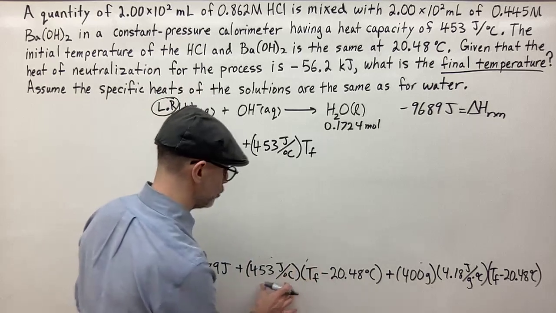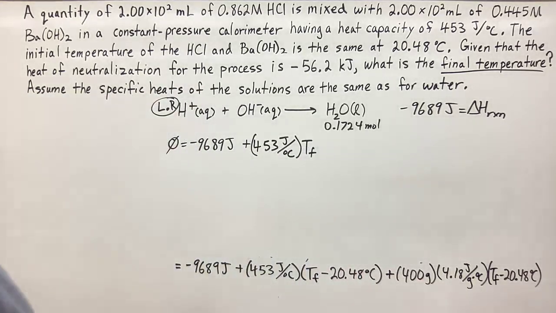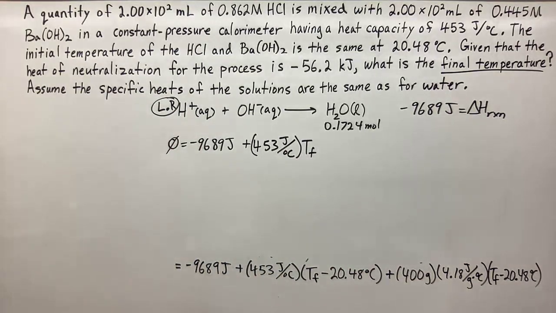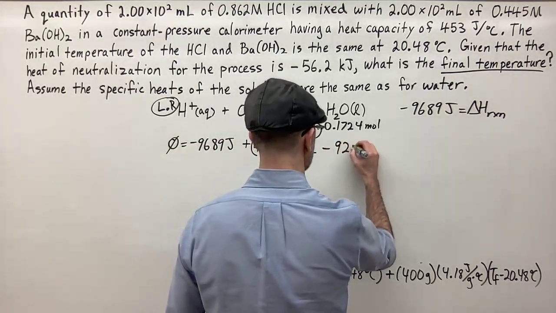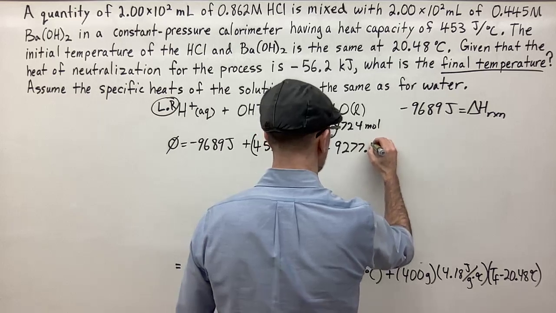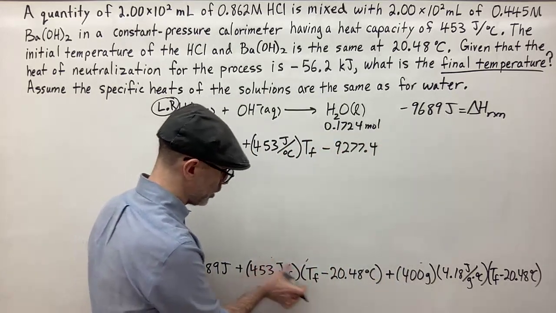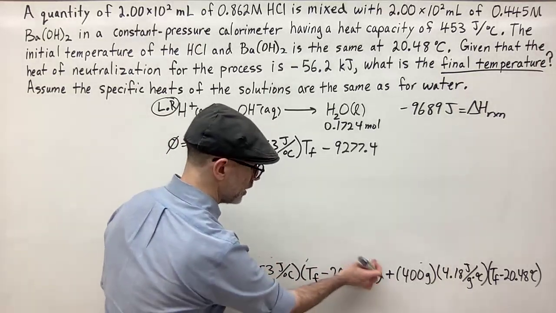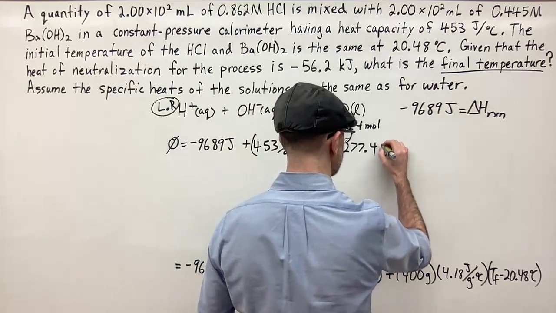And then these two multiplied together, I get negative 92,774. Since I multiplied these two together with this, the degrees Celsius cancel out, and I'm going to end up with joules here.